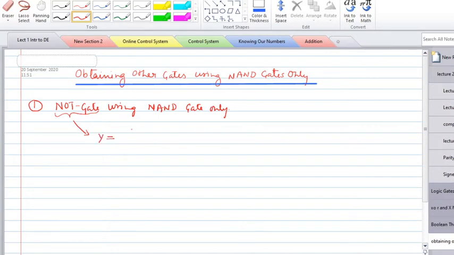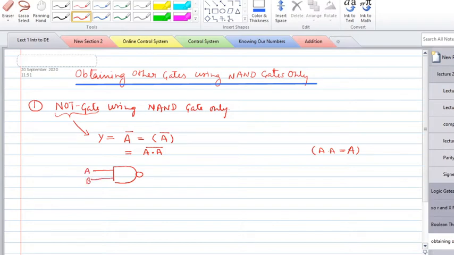represented in its Boolean expression as y is equal to A bar. So we can write it like this, A bar, and using the rule that A dot A is equal to A, we can write this A as A dot A. This is similar to the NAND gate with two inputs with the same variable.